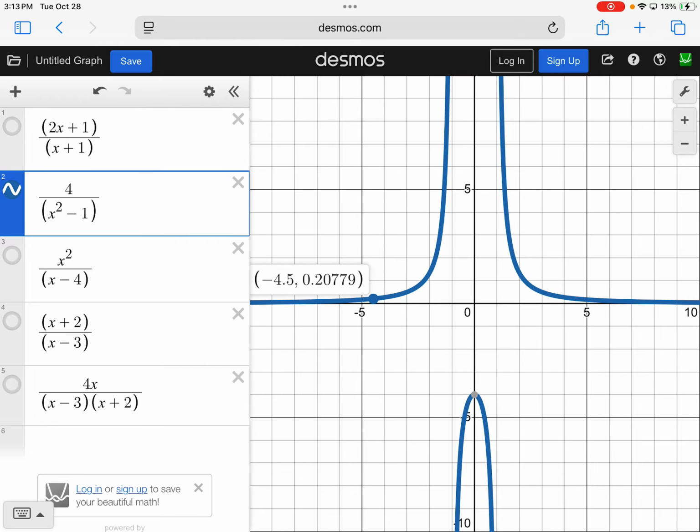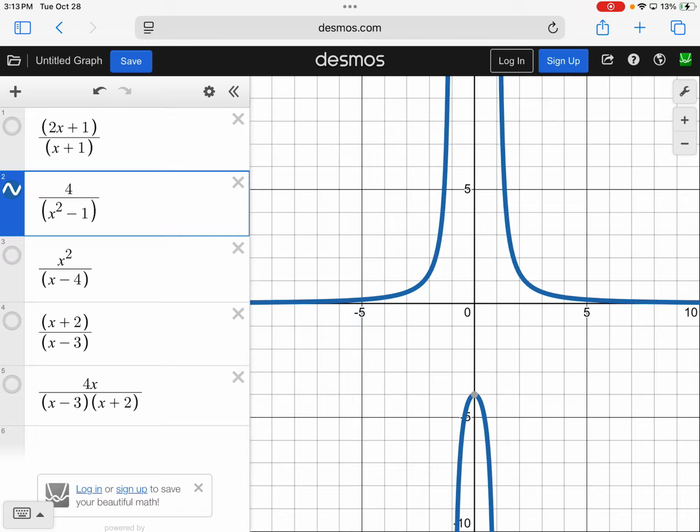This time, though, where is our horizontal asymptote? What are our y values getting closer and closer to? 0. What's different about my second function than my first function? We said that the bottom is squared on our second one, so that's what gave us 2 asymptotes.